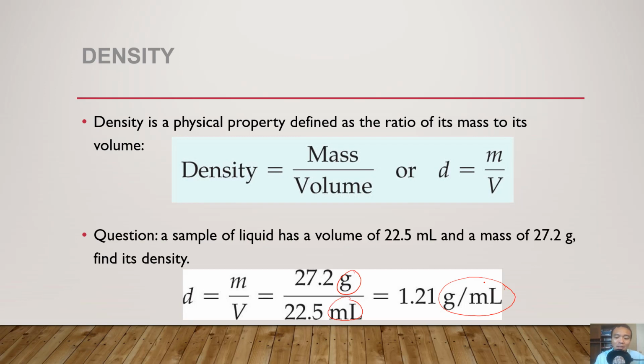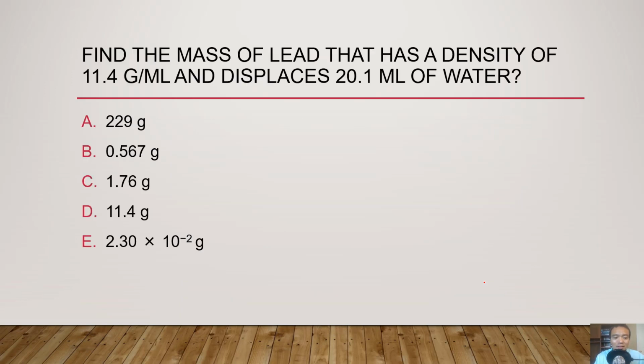Okay. Look at one more example. Find the mass of lead that has a density of 11.4 grams per milliliter and displaces a certain volume. So what is the mass? We do know D is M over V. So M would be D times V. When you do this calculation, substitute numbers in.